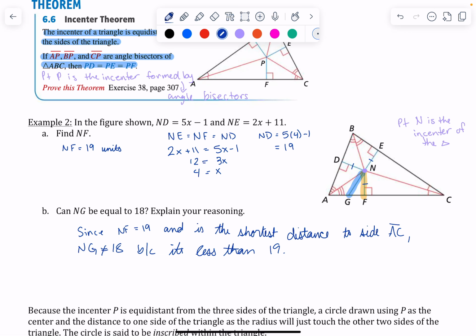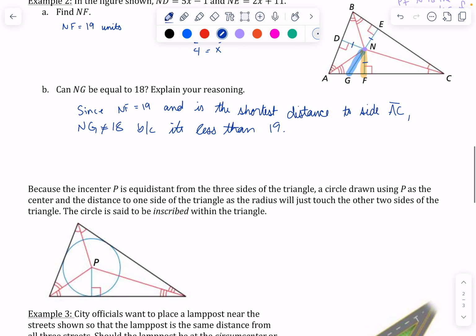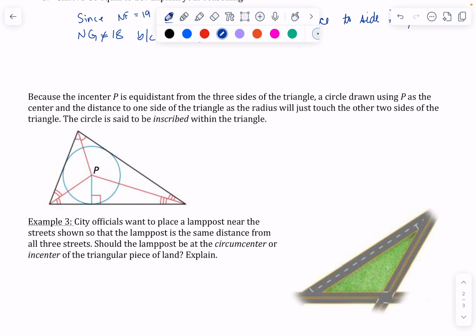Okay? All right, so far we've done circumcenters, which are formed from the perpendicular bisectors of a triangle. We just looked at incenters, which are formed from the angle bisectors of a triangle. Let's keep going. Because the incenter P is equidistant from the three sides of the triangle, a circle drawn using P as the center and the distance to one side of a triangle as the radius will just touch the other two sides of the triangle.